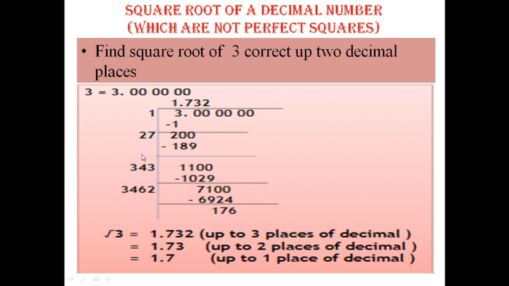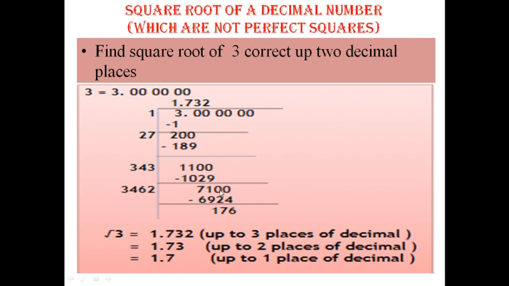Double of 17 is 34. Then choose 3 here, multiply by 3. When you multiply 343 by 3, you will get 1029. Now subtract these numbers, you will get 71.